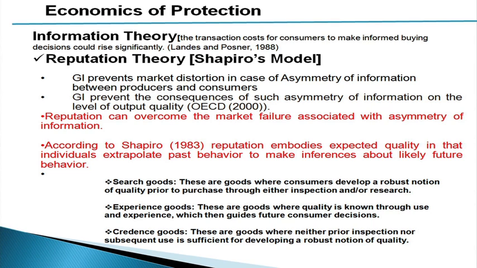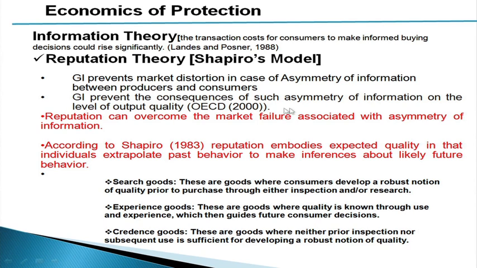If you do not provide a GI right to the owners, then that asymmetry will ultimately increase the gap between producers and consumers, and that may lead to market failures in the long run. So, the reputation or character associated with the GI is advantageous, and reputation theory can be applicable to GI.